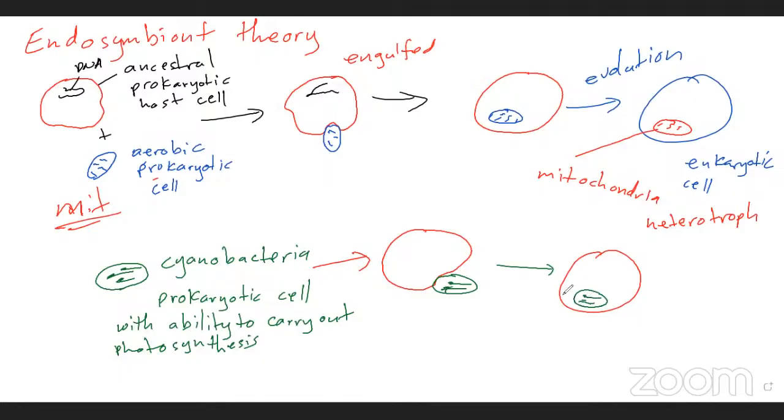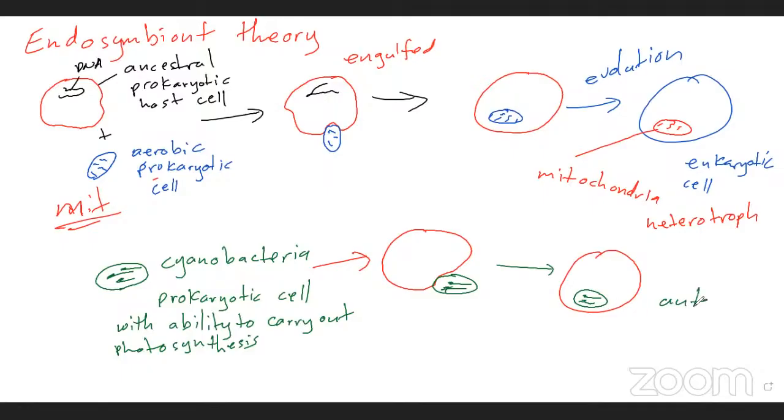So if the one with mitochondria is heterotroph, what do you think, the one with the chloroplast, will it be heterotroph or autotroph? Once it has chloroplast, it will be an autotroph that can make its own food.